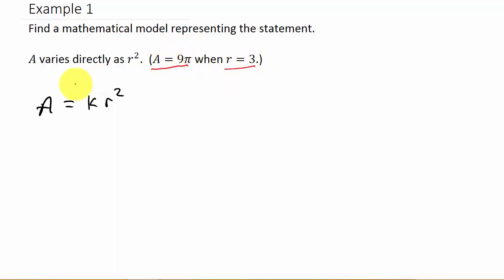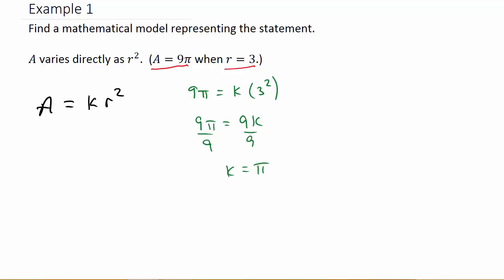So we're going to replace A with 9 pi, and we're going to replace R with 3. That equals K times 3 squared, and so that gives us 9 pi is equal to 9K. And then if we solve for K, we get K equals pi.